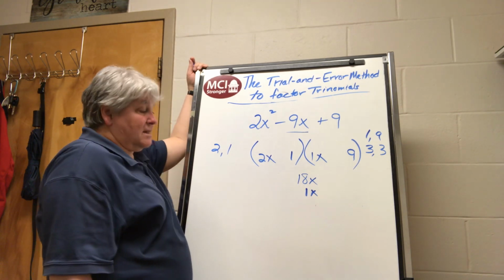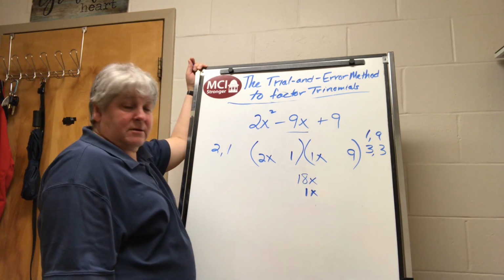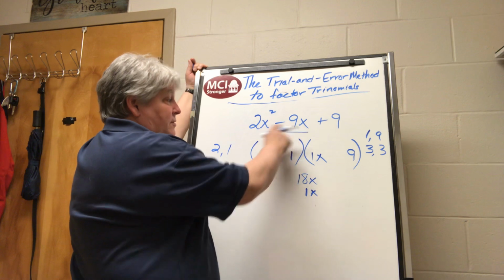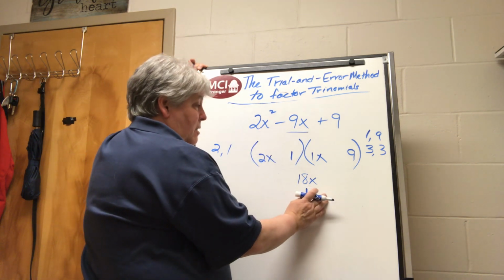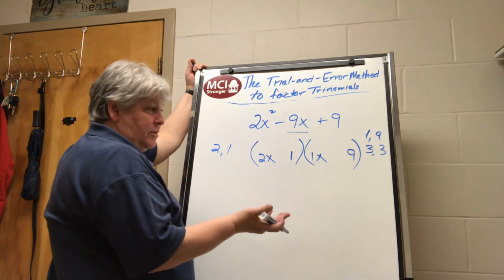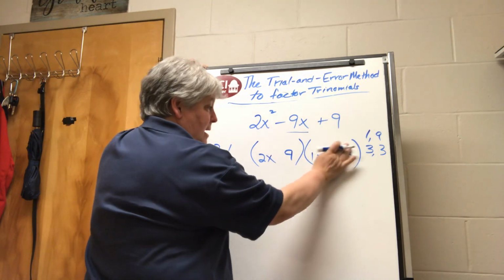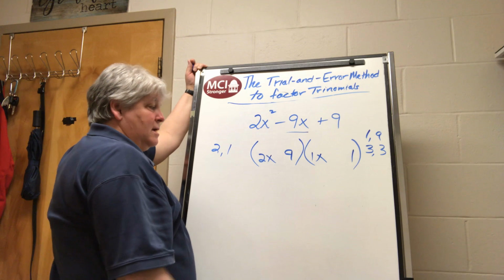18x and 1x is 19x. If you subtract them, you get 17x, if I make one of them negative. So it's not going to work to get us the proper middle term. Before I get rid of the whole possibility of 1 and 9, I try 9 and 1, just to see if that works better.